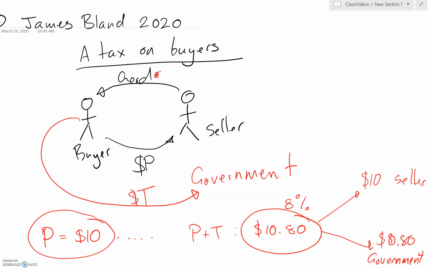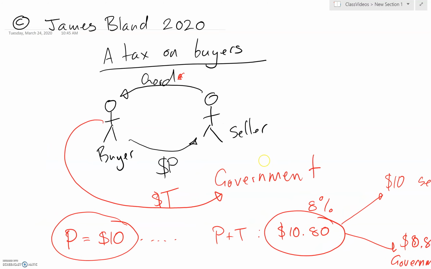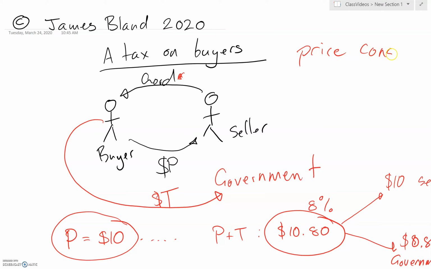And so what we're going to arrive at here is that the thing buyers are going to pay attention to is this thing called the price. I say buyers and consumers almost interchangeably here. Price consumers pay, which is sometimes denoted as PC.